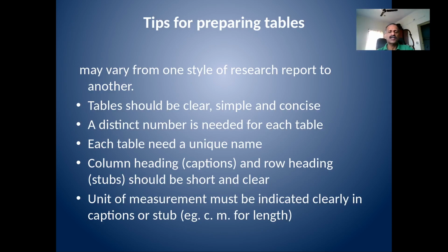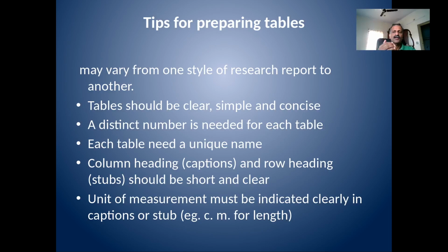Then each table needs a unique name also. The name should indicate all the variables in the table. What are the things you have included? That should be in the name. For example, Table 1: distribution of subjects according to age. It means you are distributing the subjects by age.